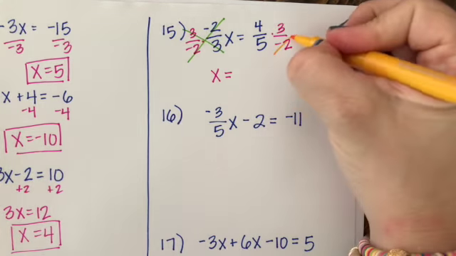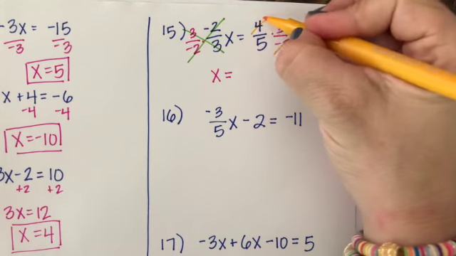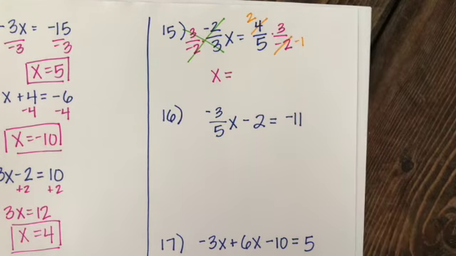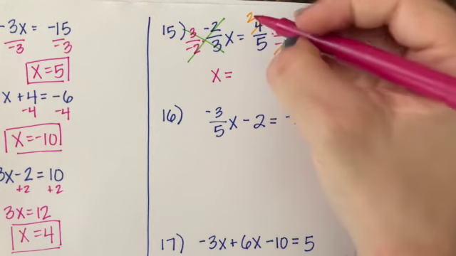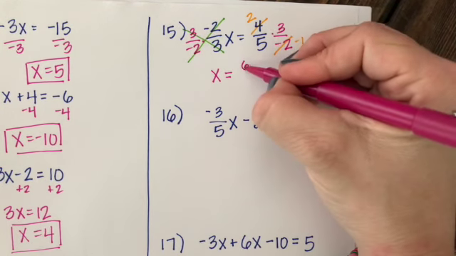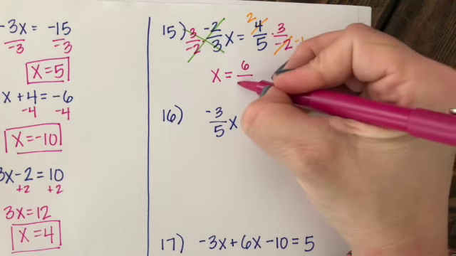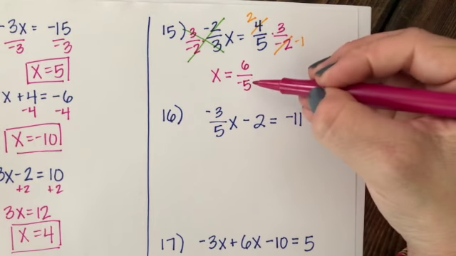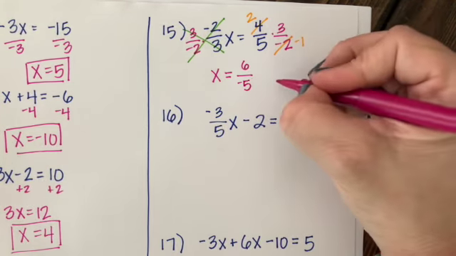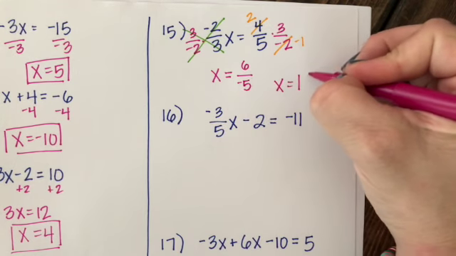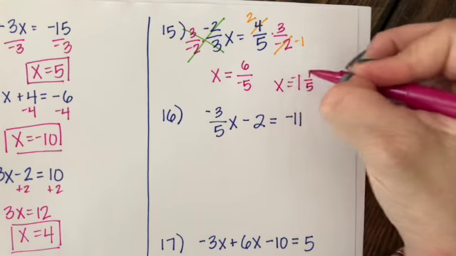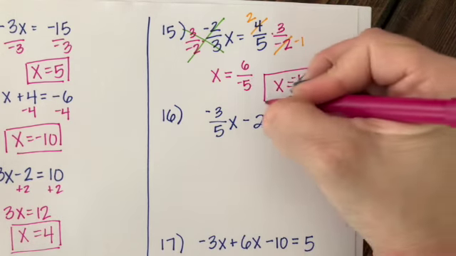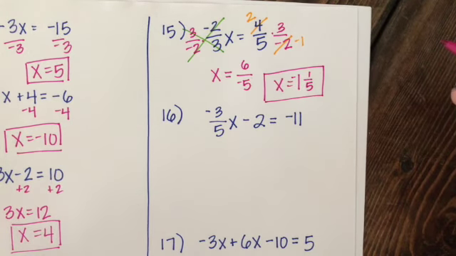So 2 becomes 1, 4 becomes 2, right? I divided them both by 2. 2 times 3 is 6. 5 times negative 1 is negative 5. How many times can 5 go into 6? One time with 1 left over, and it was negative. So negative 1 and 1/5.